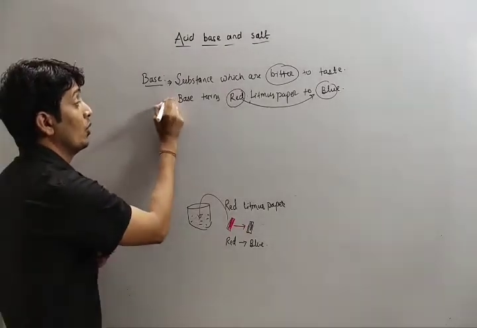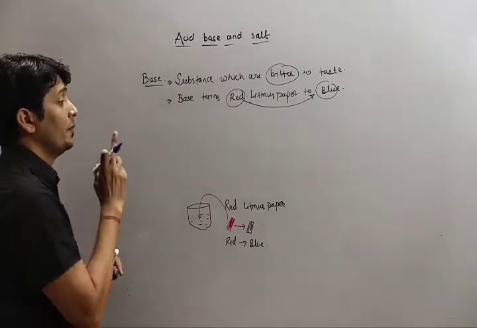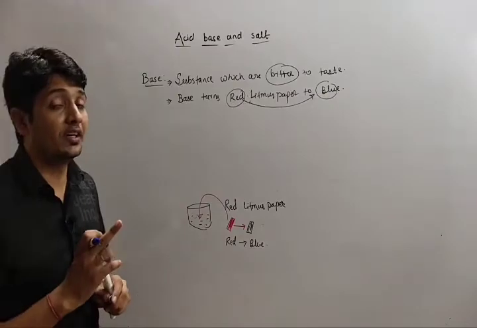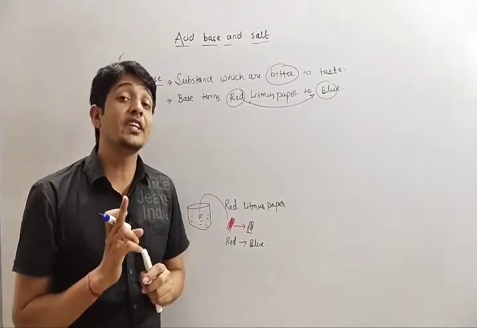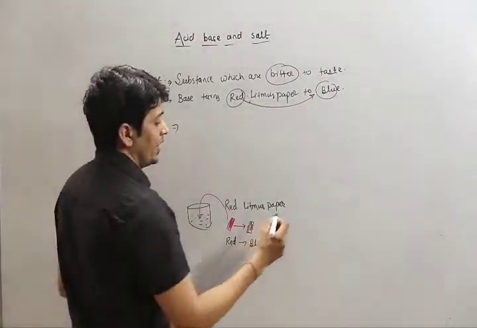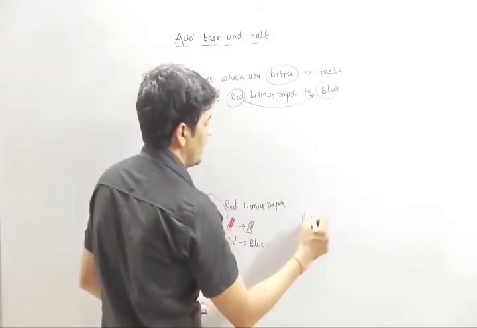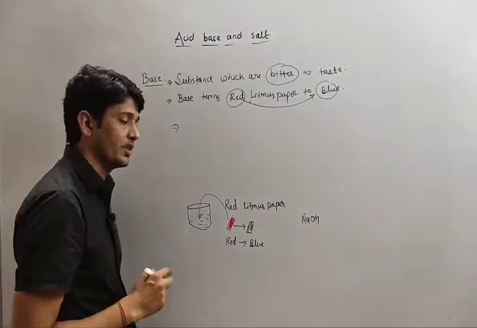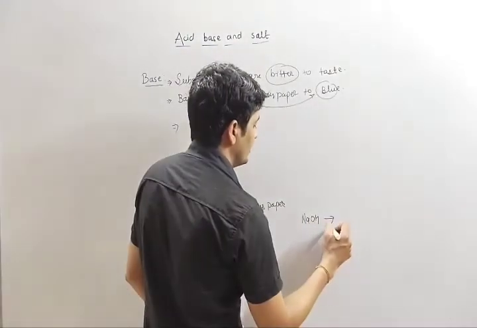Now last but not the least, if bases are dissolved in water, they produce OH negative ion. Suppose we dissolve NaOH, sodium hydroxide, in water.